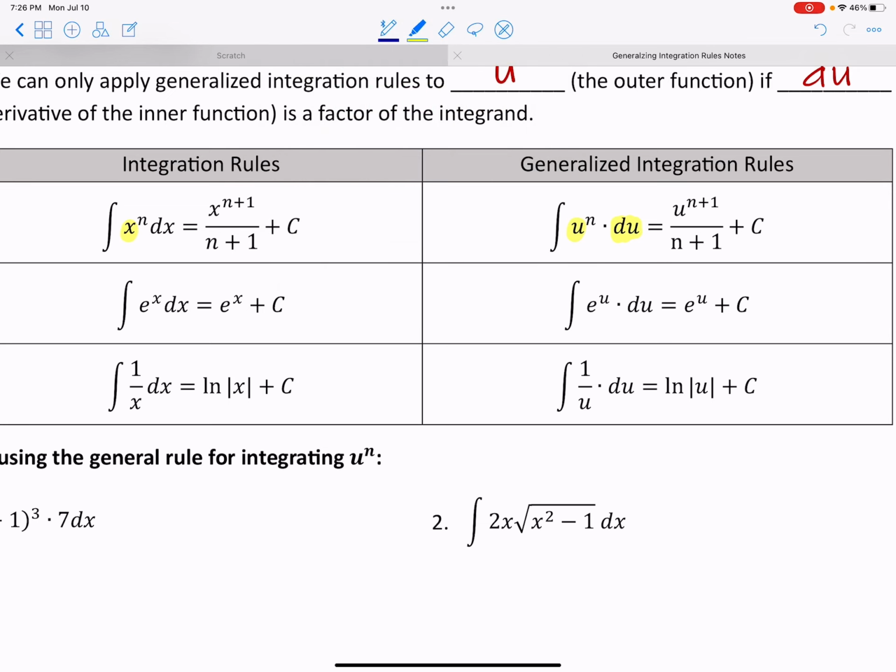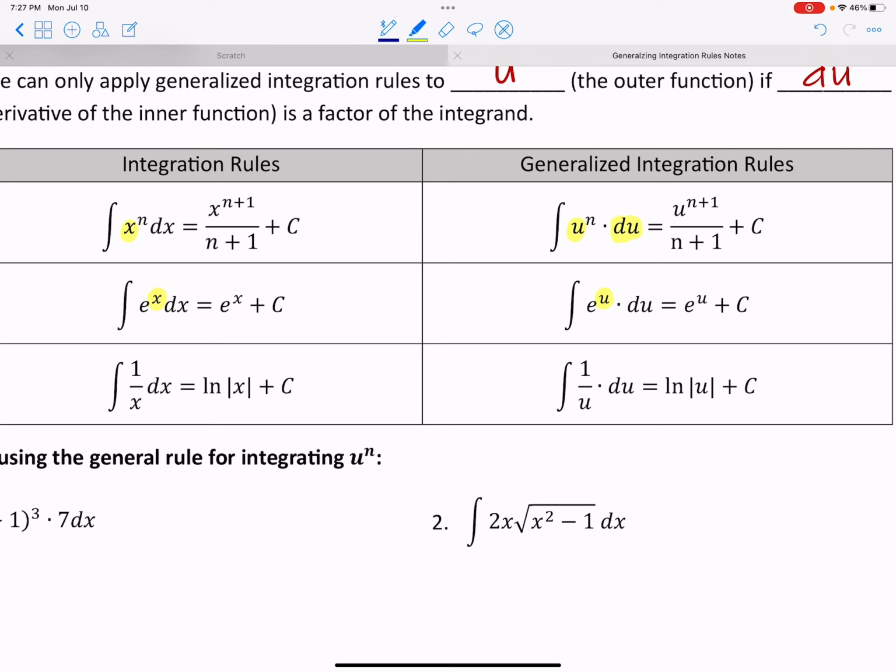Okay, and the same thing here. We know that the integral for e to the x is e to the x plus our constant of integration. If it becomes e to the u, so this e to the x becomes e to the u, anything other than just an x, squared, a 7x minus whatever it is, we're still going to apply the same rule.